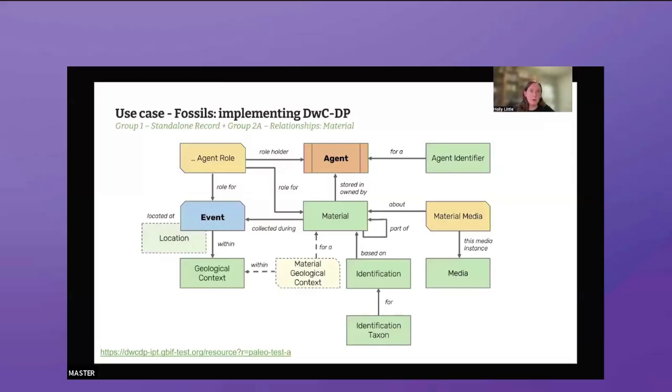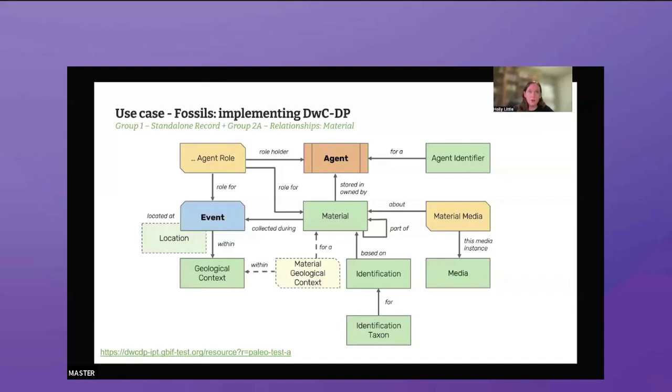As we focus in on data group 1 and some versions of data group 2A, the material relationship, we expand into more tables. In our testing, we found a few key areas that needed particular attention and worked with the Darwin Core Data Package team to address our requirements. Location is not a real class as it is embedded with an event, but we chose to show it in some form here because of its importance to fossil specimens.